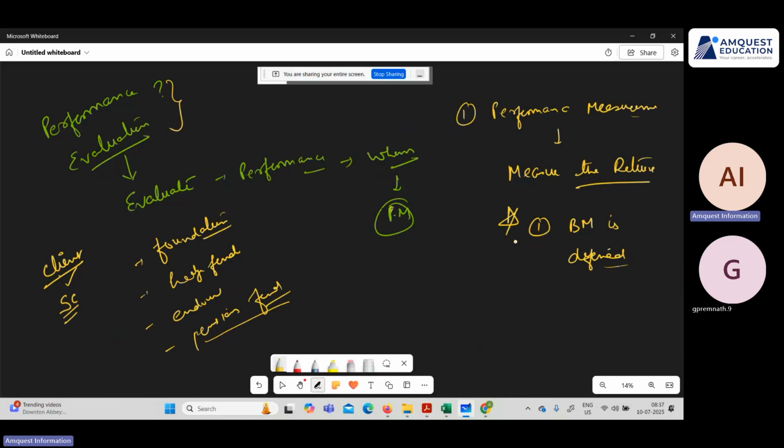I am going to talk a lot about what a good or a bad benchmark is, but the idea is that you are trying to calculate returns with respect to something, and that something needs to be declared in advance. This is very important.